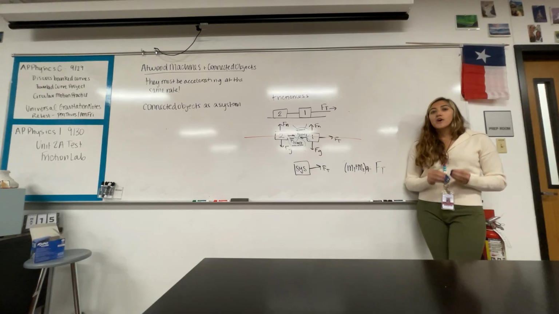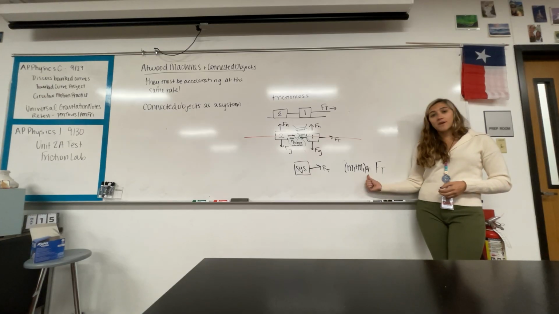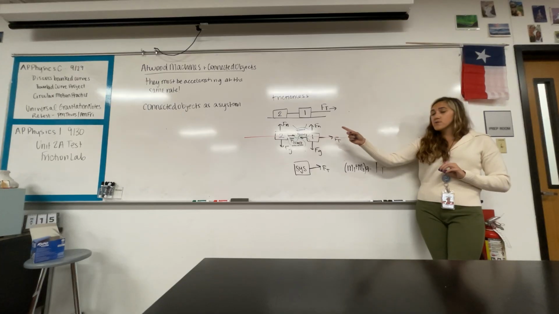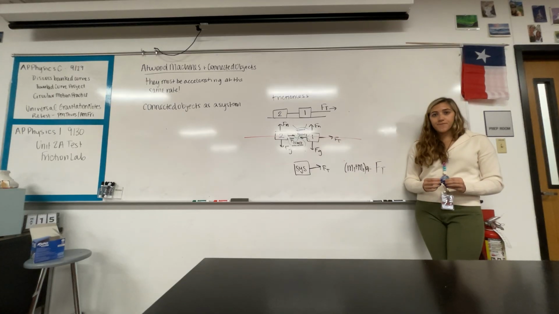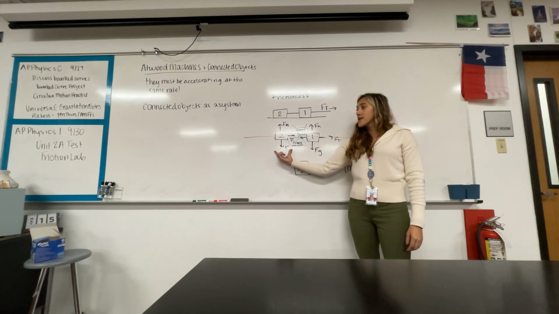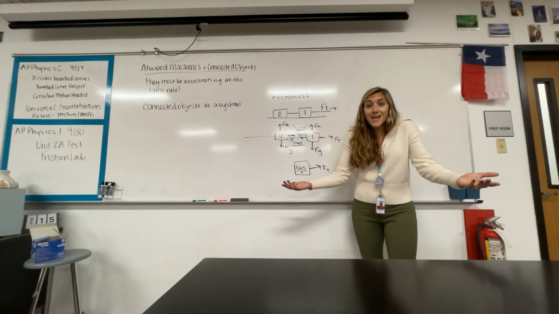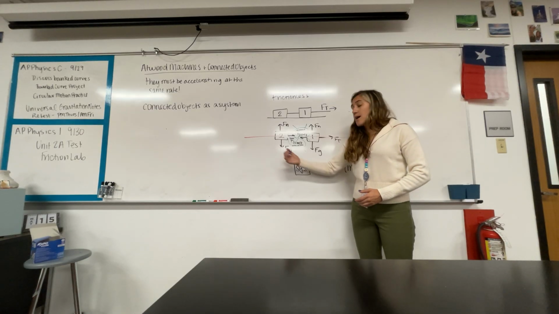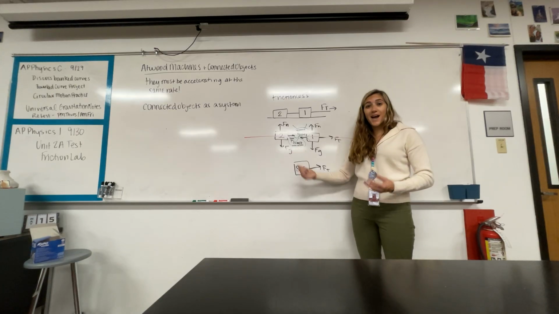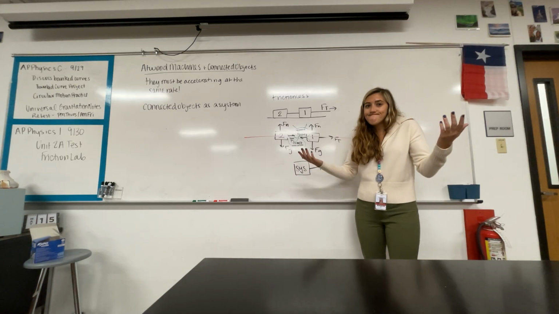99.9% of the time, you are going to need to find the acceleration of the system first. You cannot find the acceleration of either of those objects first. Here's why. If I look at object 2 and write its F net equation, it only has this force of 1 on 2. I don't know what that is. I know that this object's accelerating, so I have MA equals that. I have 2 unknowns.